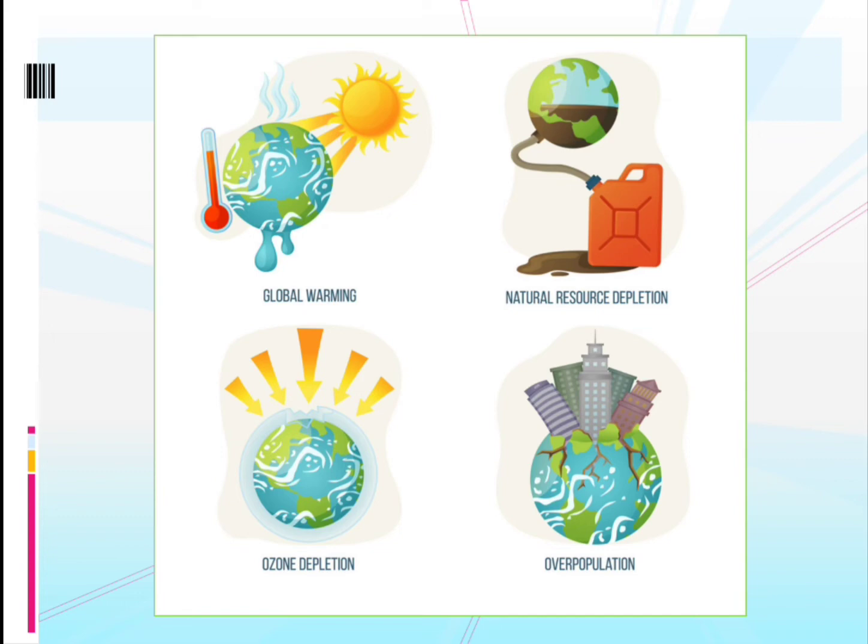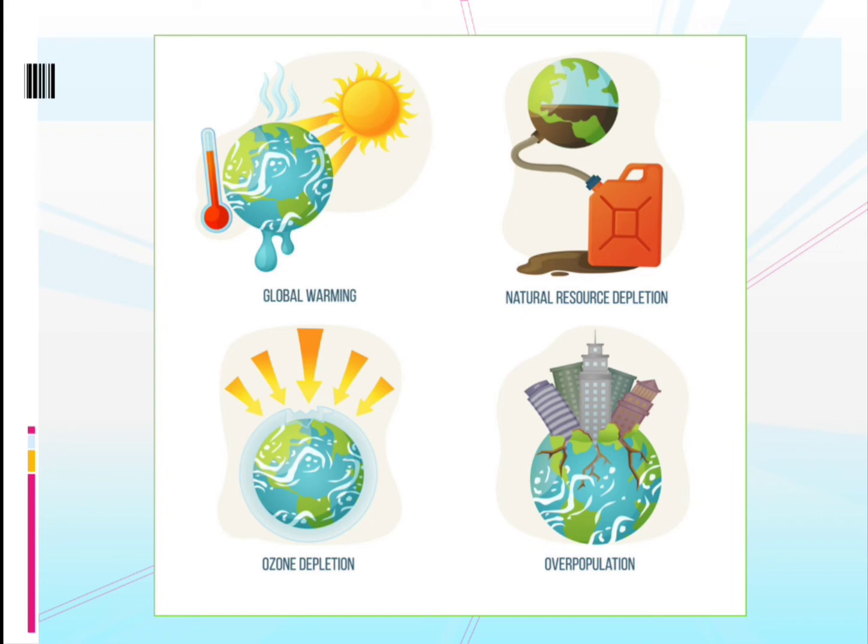All this is happening because of overpopulation. We are deforesting, which causes warming, and because of the larger population, there is more consumption of natural resources. All these make the natural resources reduce in large amounts, which is nothing but the depletion of natural resources.